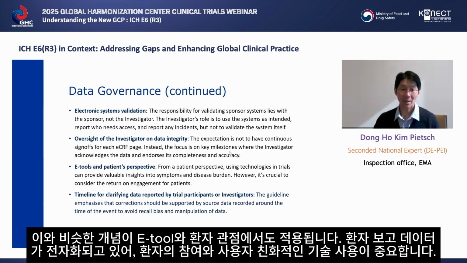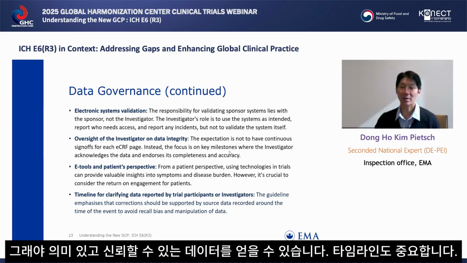Here, from a sponsor perspective, it's also about the engagement of the system: make sure to involve them, and that the technologies used are user-friendly, which also helps you get good, meaningful data out of it.